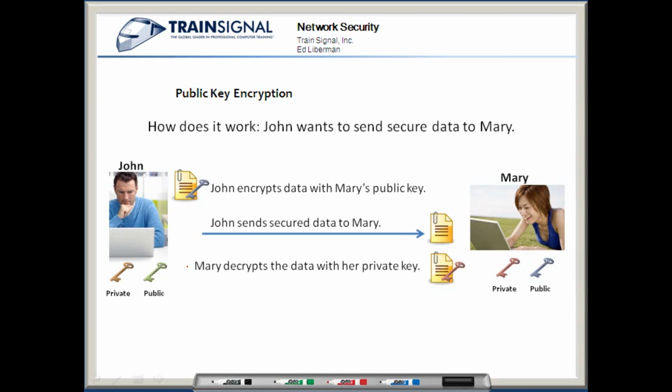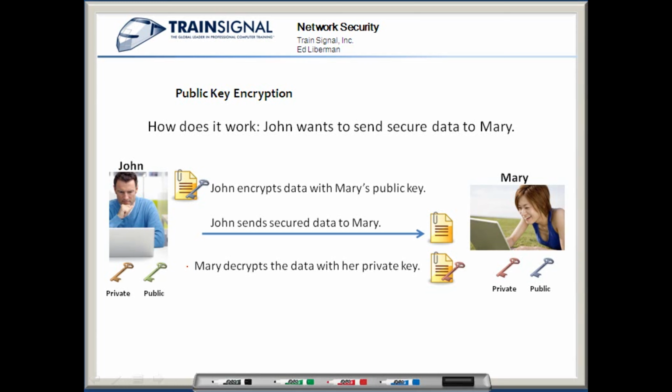And remember, once the data has been encrypted, there's only one key that can decrypt the data, and that's the matching paired key. So because John encrypted it with Mary's public key, guess what? The data cannot even be decrypted with that same public key. The only key that can decrypt the data is the matching paired key, which is Mary's private key.